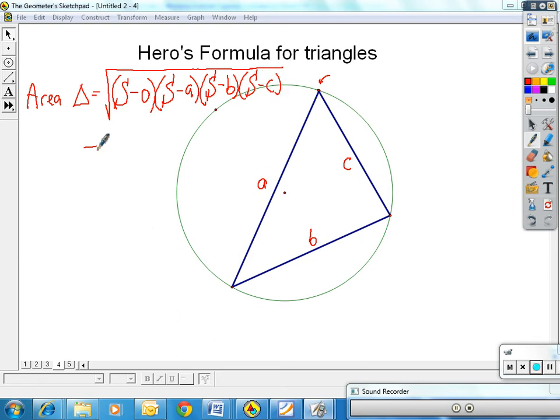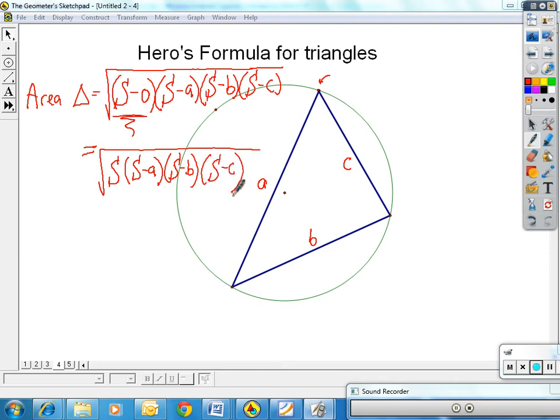Now this can be simplified slightly because I know that S minus 0 is always S. So I'm going to rewrite it like this: just the semi-perimeter times the semi-perimeter minus A, semi-perimeter minus B, semi-perimeter minus C. And that is Hero's formula. That's finding the area of a triangle.